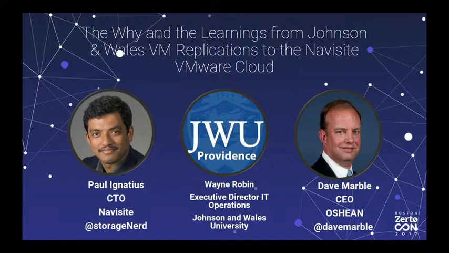And so what we wanted to do was carve out a piece of the Navisite service, which was the network piece, firewalls, all of that front end, because we wanted to put our context there so that we could make it look like another node on the Johnson & Wales network, right? And do all that with IP address schemes and firewall context. And we wanted to build it using our optical infrastructure.